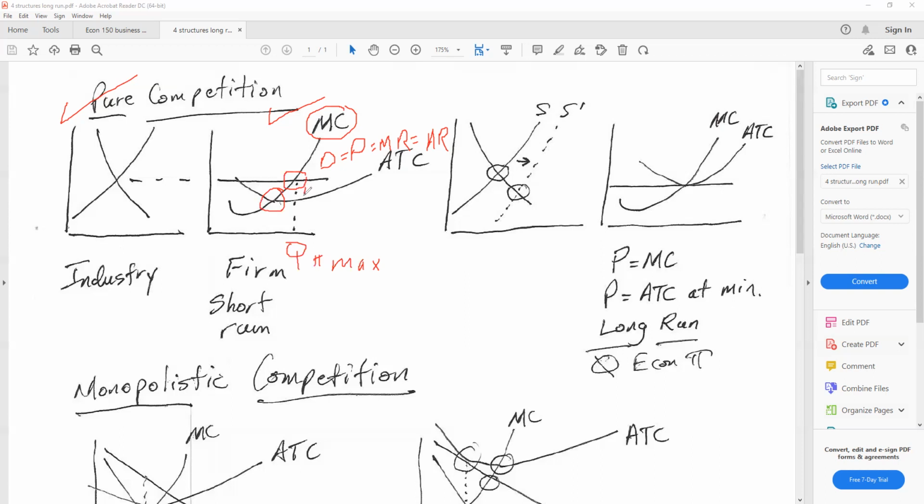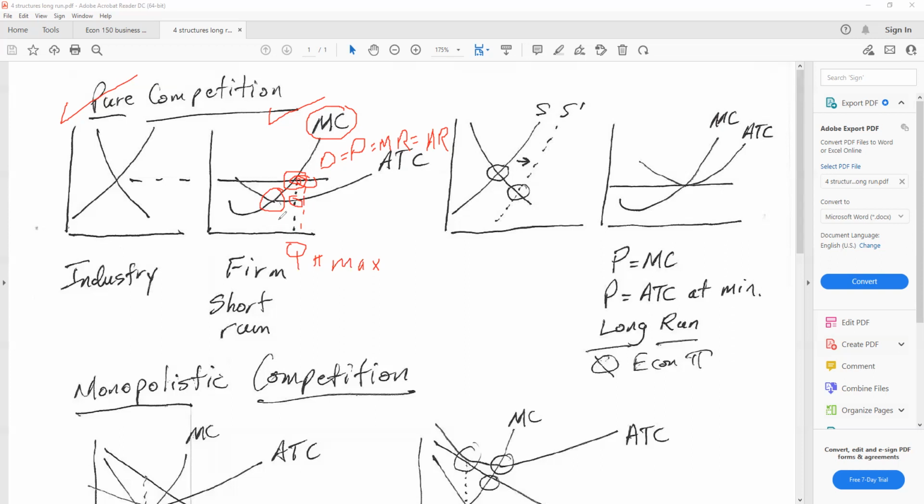I will drop down a vertical line to the horizontal axis, and that will give me the profit maximizing level of output. Now I see that price at that profit maximizing level of output is greater than average total cost. What that tells me is that this firm in pure competition is earning economic profit.